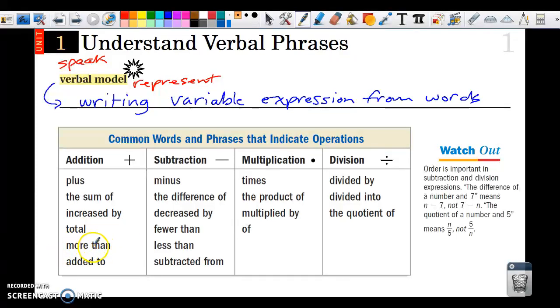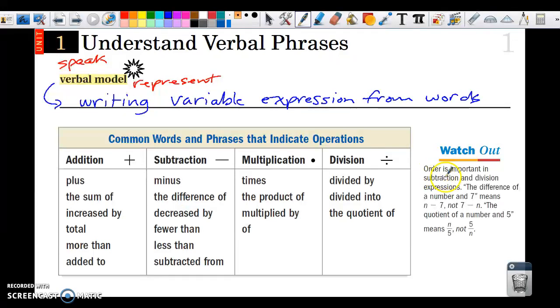If I say I want 6 more than what I have, I must add 6 to what I have. Added to is another way to say that. I won't go through and read all of these, but this table in your note packet should be pretty helpful. You might want to put a bookmark in here and just refer back to page 4 whenever you need to, just to find those words that indicate operation.